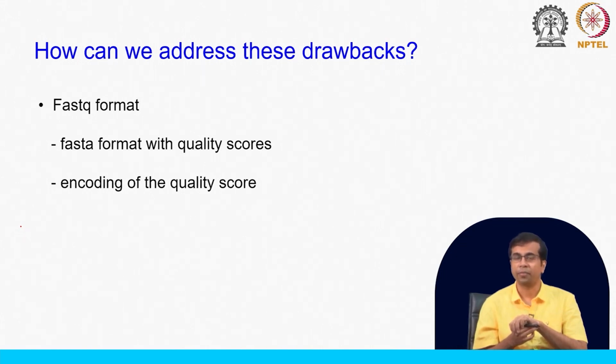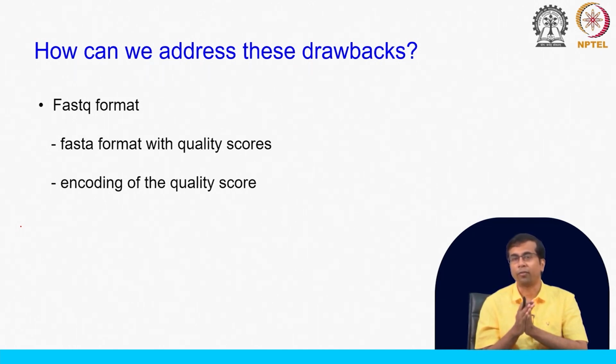The name comes from FASTA format with quality score. So, you have this Q meaning quality, right. It still resembles the FASTA format to some extent, but it also contains the quality score in the same file. So, you have the sequence and the quality score in one place in the file. In addition, you have the quality score encoding.